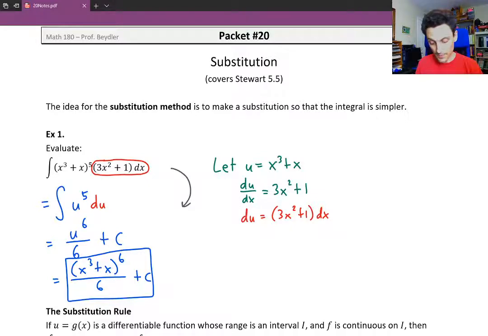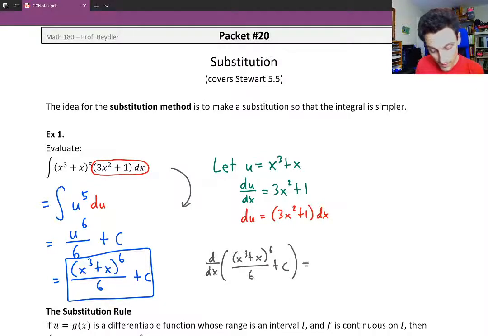And it is, because by the chain rule, we would have the 6 multiplying in front. Let me do that work off to the side, actually. So if we took the derivative, we would have the 6 multiply in front, and it would cancel off the 6 on the bottom here, subtract 1 from the exponent, and we would get x cubed plus x to the 5th.